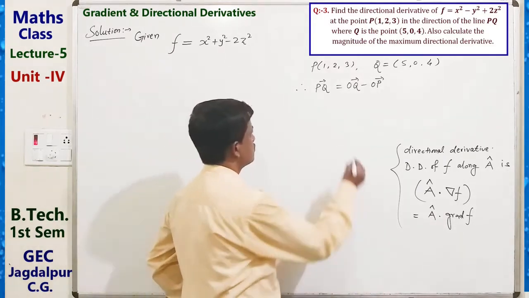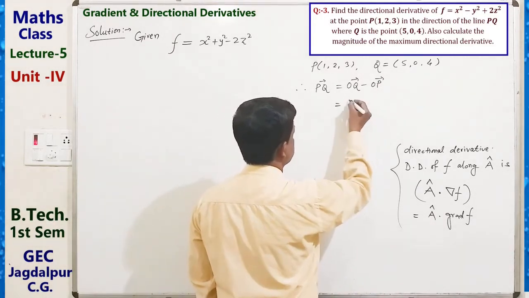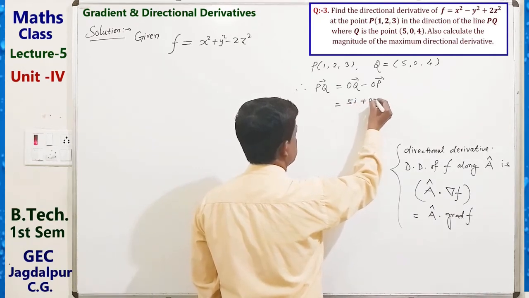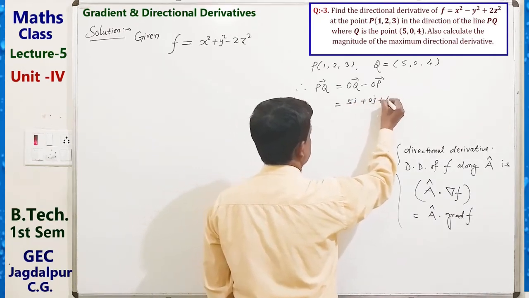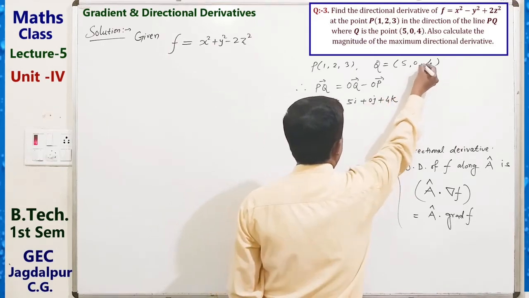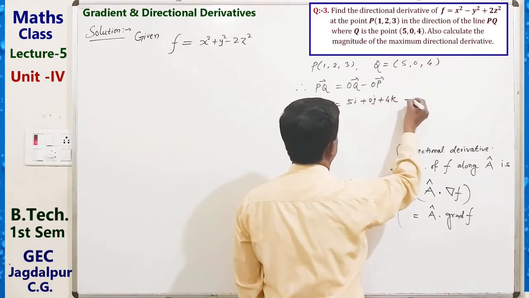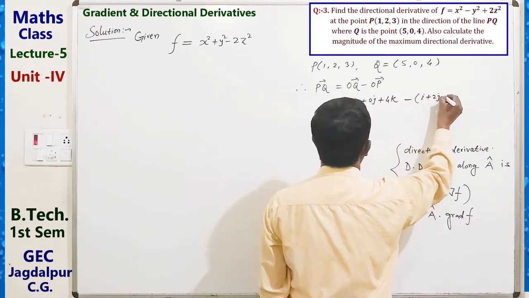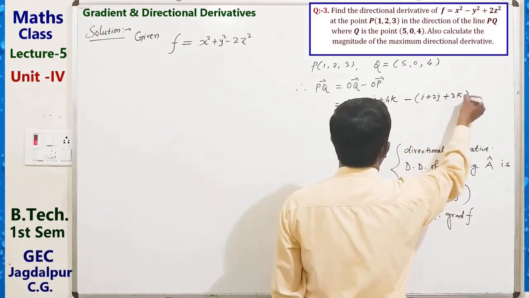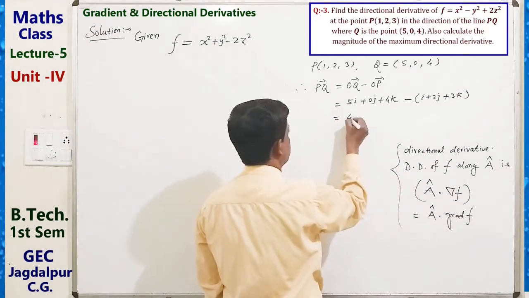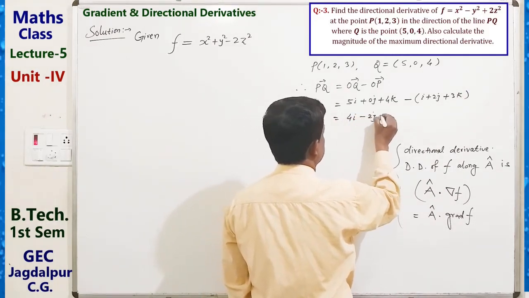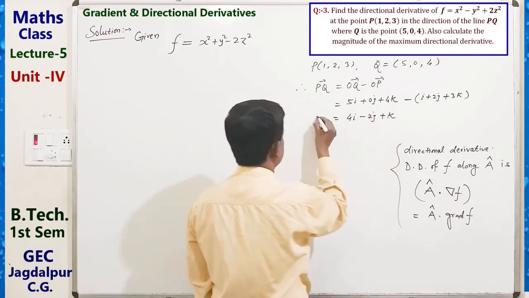Here OQ means 5i plus 0j plus 4k, minus i plus 2j plus 3k. So here 4i minus 2j plus k. This is the PQ vector.